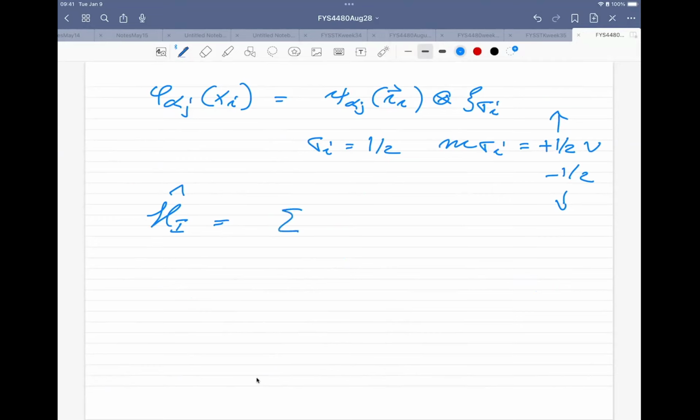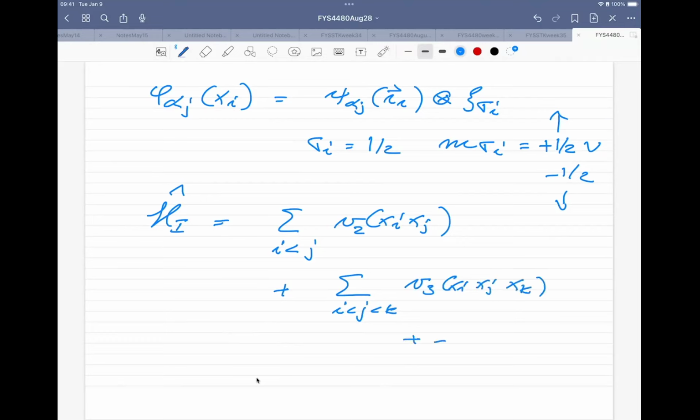So in general, we will just stay with an interaction which I'm going to label as V(x_i, x_j). We put a label 2 here, but we could have higher order terms, three-body interactions, where we have a V3(x_i, x_j, x_k), and so on.